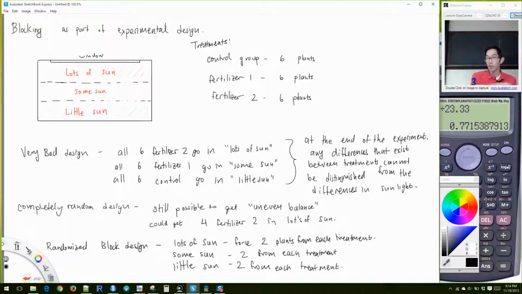And if it's the same across the board for all 3 zones of sunlight, and both plants on fertilizer 1 grew the most across all 3 sunlight zones, then fertilizer 1 is effective. You'd have strong evidence for that. Okay? So this is the idea behind blocking in experimental design. Is that all right?